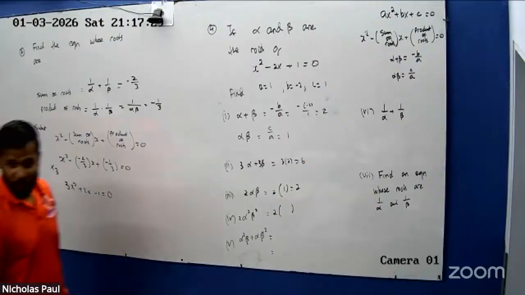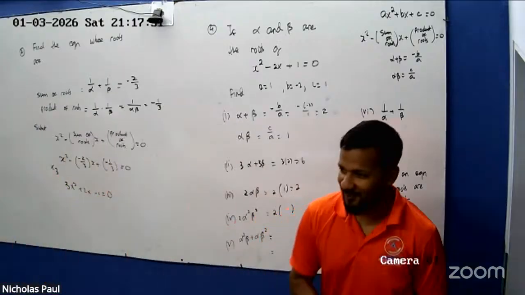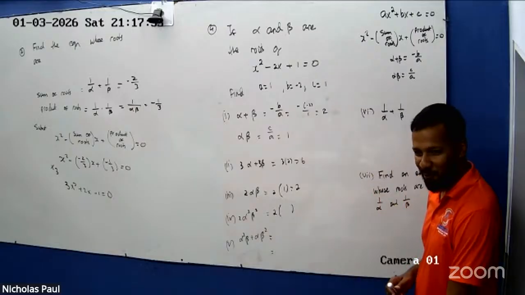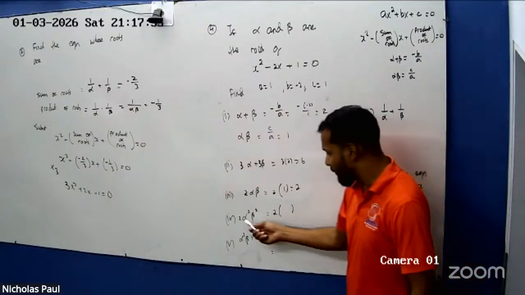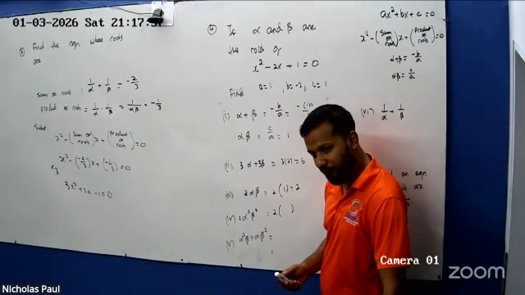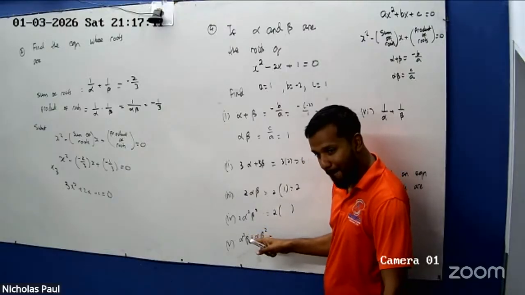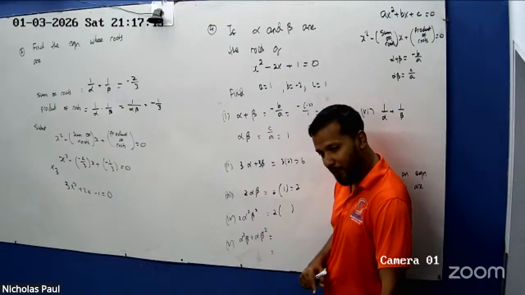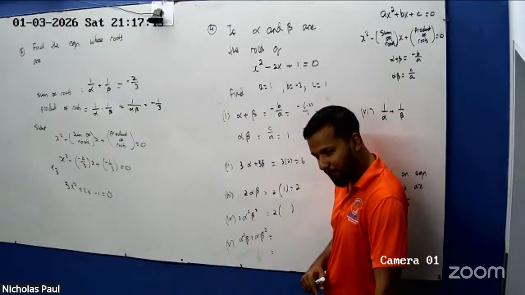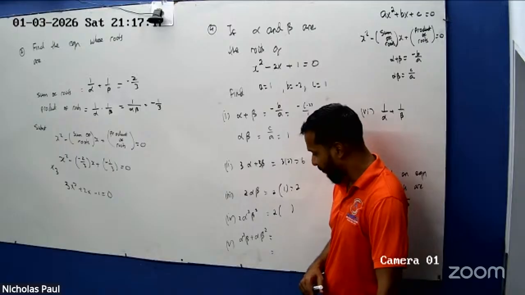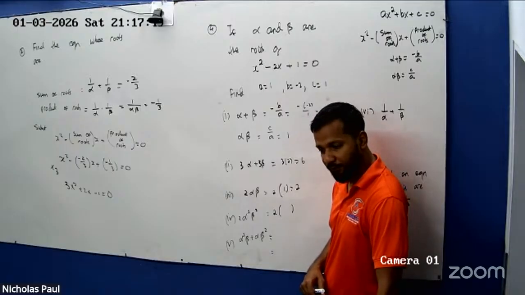Well, here you know it didn't go ask for here. Yeah. Where's 2 alpha squared beta squared? How you get alpha squared beta squared? This one. Just watch the last one. Same thing. Why didn't you write it down?